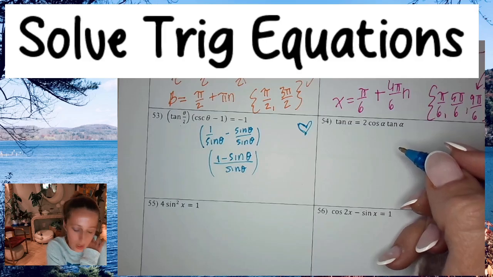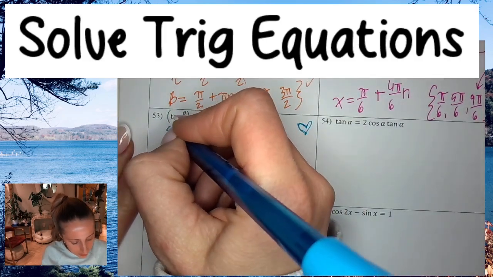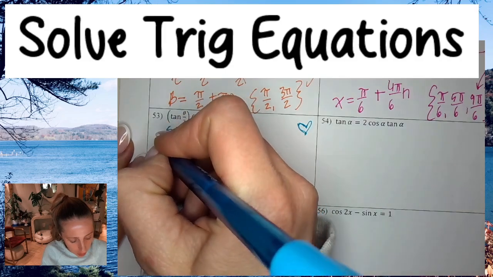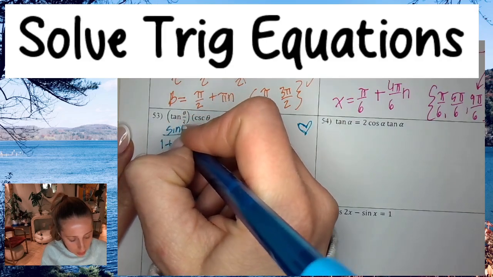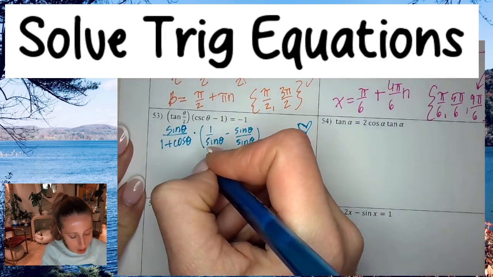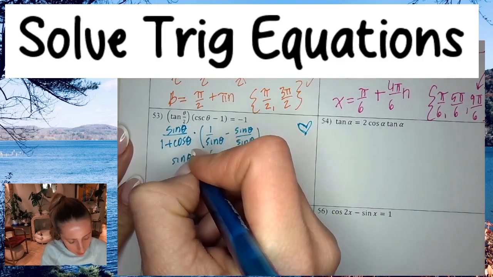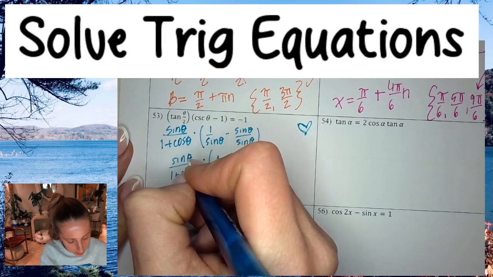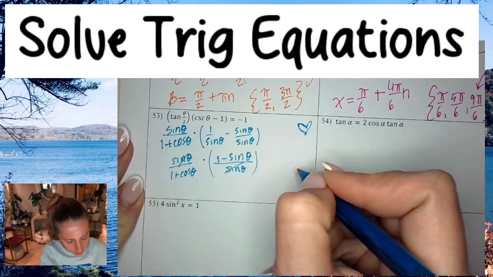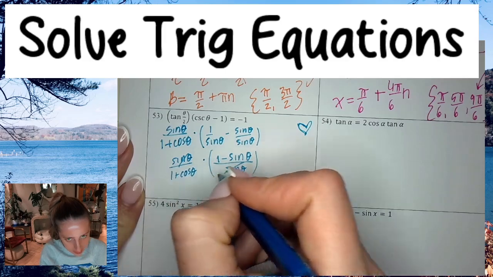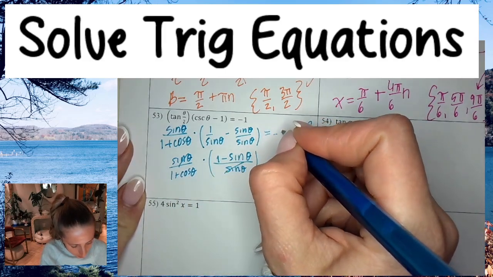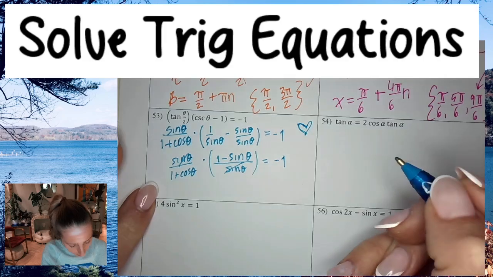Let's do that. So I'll pick sine over 1 plus cosine. I'm going to pick that one. So those cross out. I have 1 minus sine over 1 plus cosine equals -1.